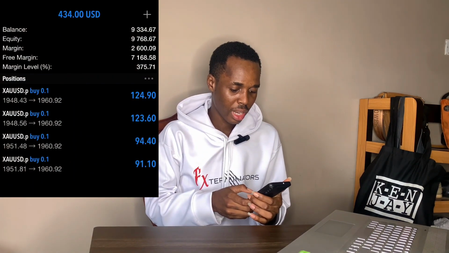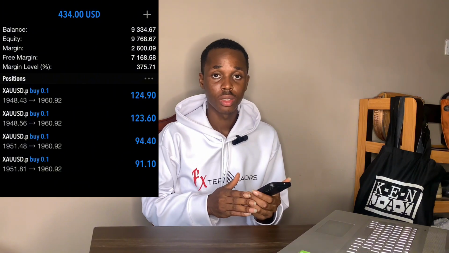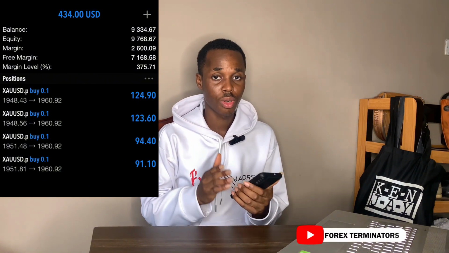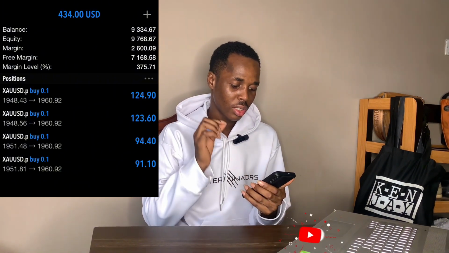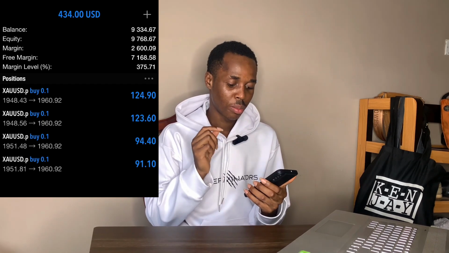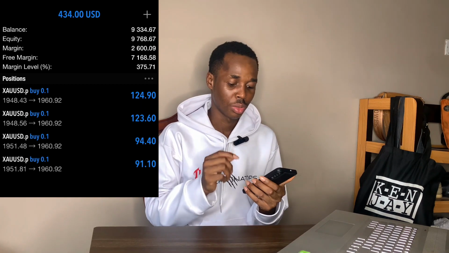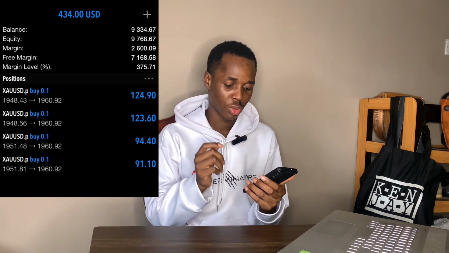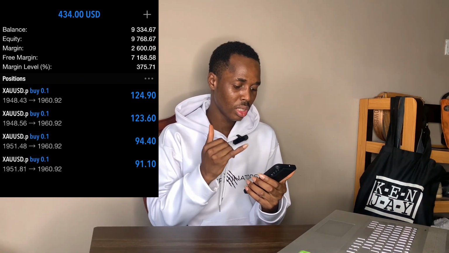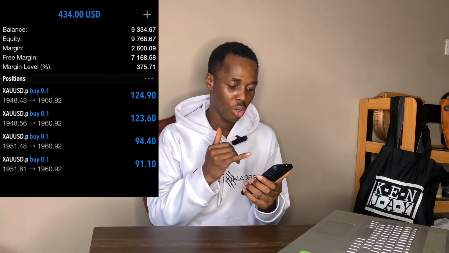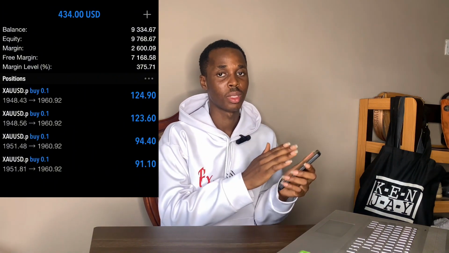So this is what margins are. Let's take a look at this screen. On my MT5, I took trades of a total of 0.4 lot size. With this 0.4 lot size, I was in profit of 124 pips. That was $124, almost $125. So in this list, we have something that we call free margin aside from the margin, right?